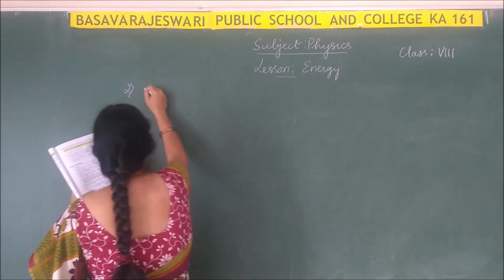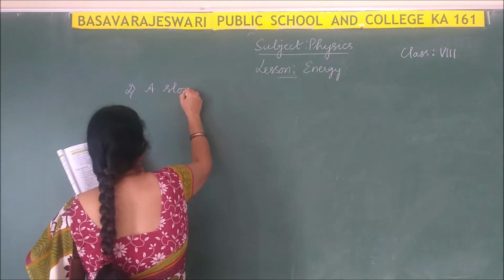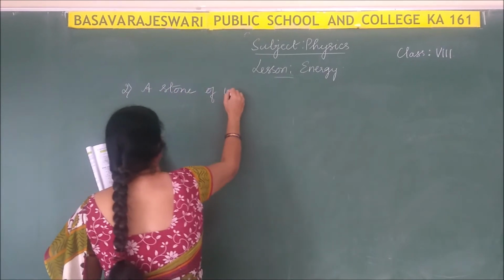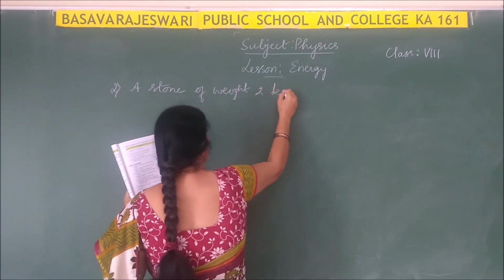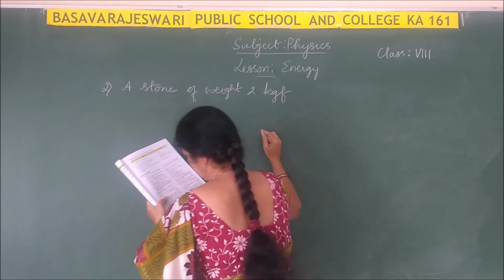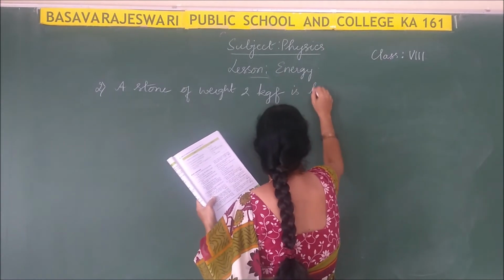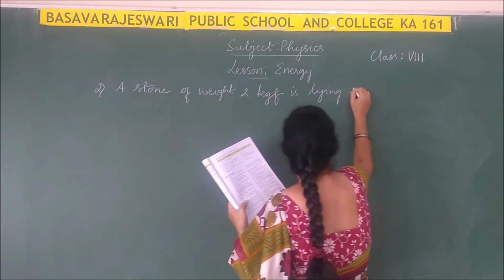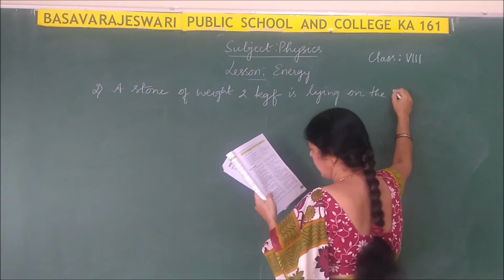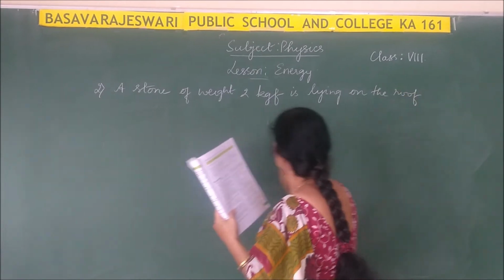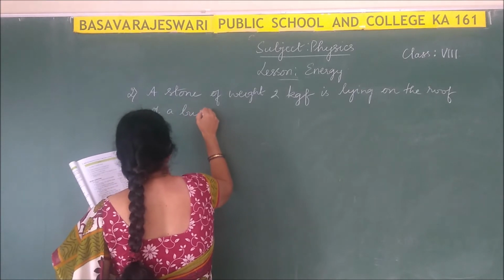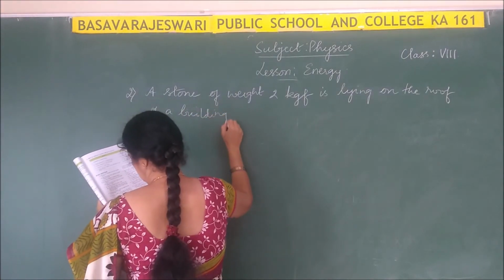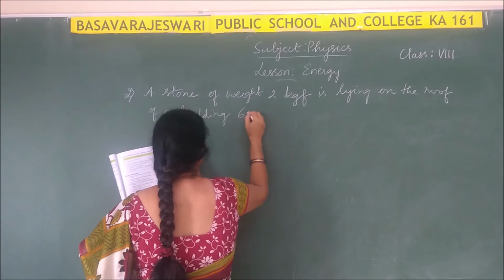A stone of weight 2 kg is lying on the roof of a building 60 meter high.